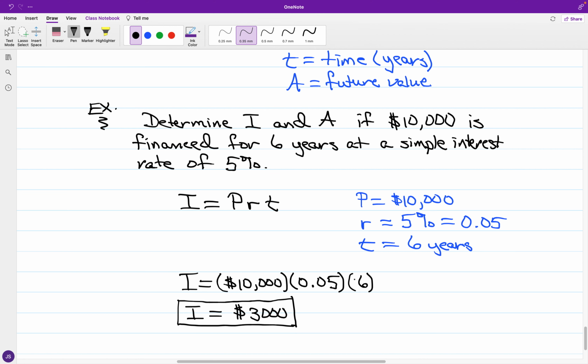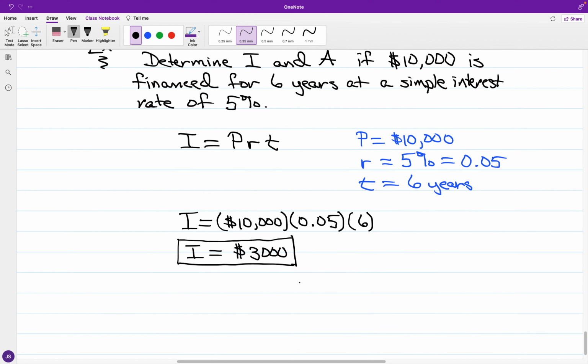So the interest is $3,000, and for the future value, the total amount, principal and interest, P was $10,000 and the interest is $3,000.